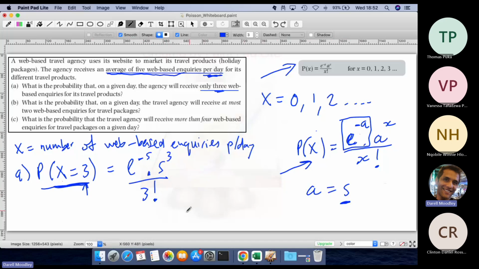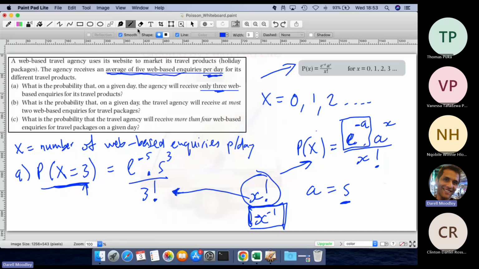Now, I showed you last week how to work out this 3 factorial. It's in your calculator. If you look at the X to the minus 1 button, above it, you'll see it has an X with an exclamation mark. That's how you would use this button to find that. I showed you how to do it last week, so you can watch that as a recap. Otherwise, just use this button here, but you have to use the shift function because you're using the secondary function of that button.